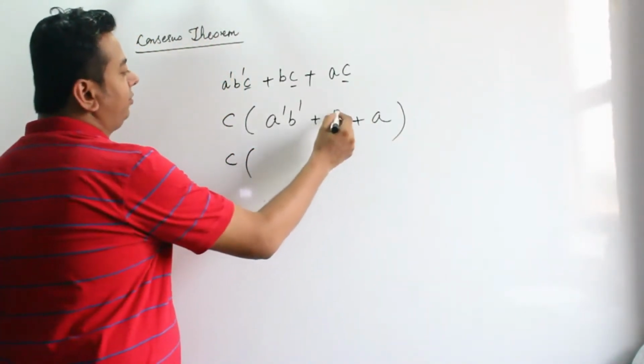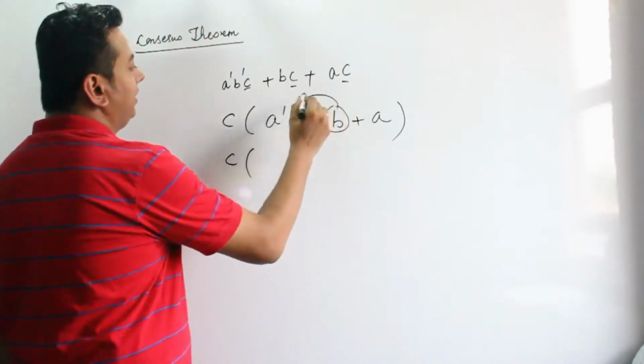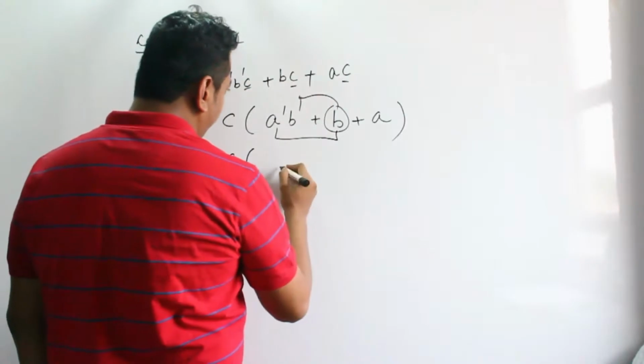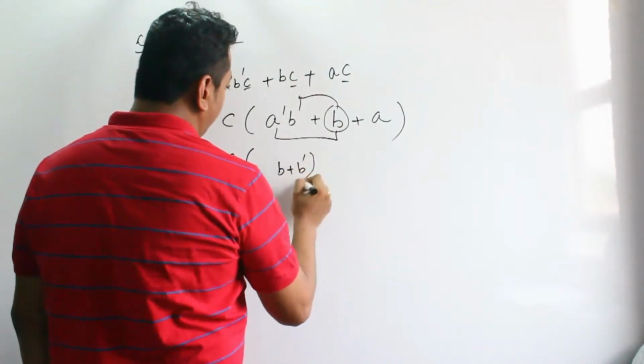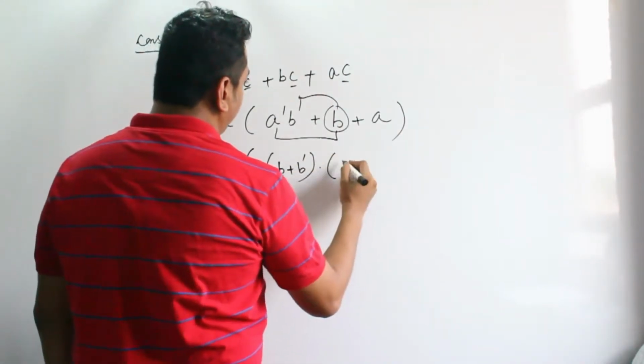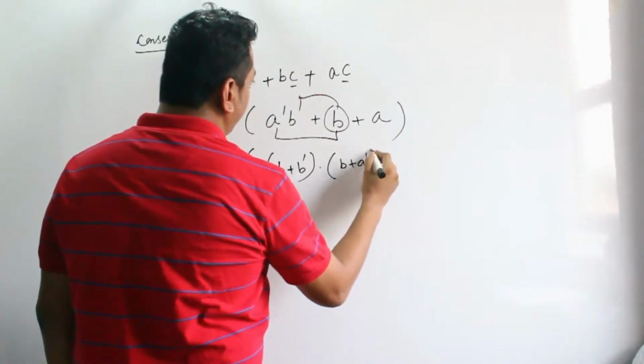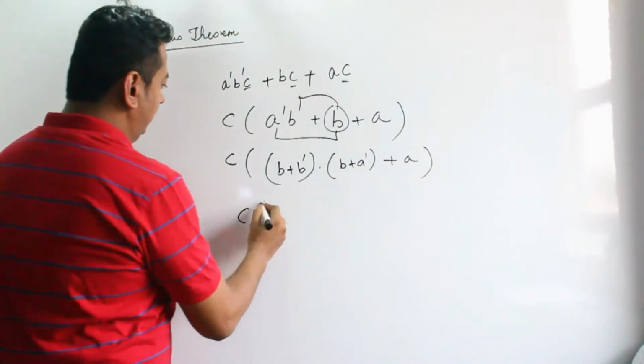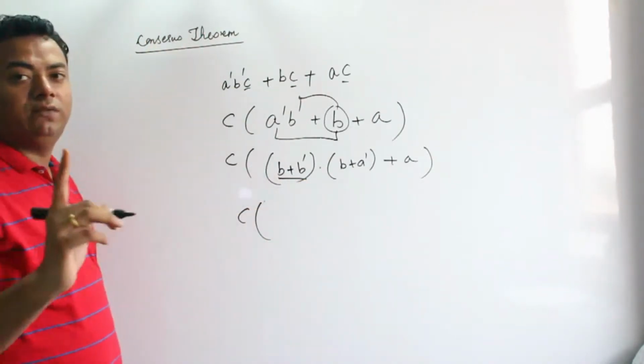Now we can distribute this B here, so we can apply the distributive property. Right? This B plus B bar is always 1.